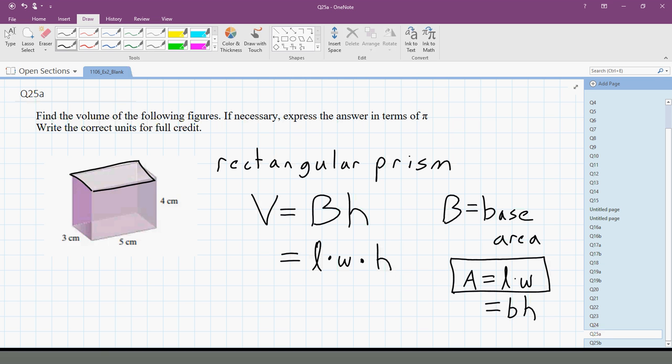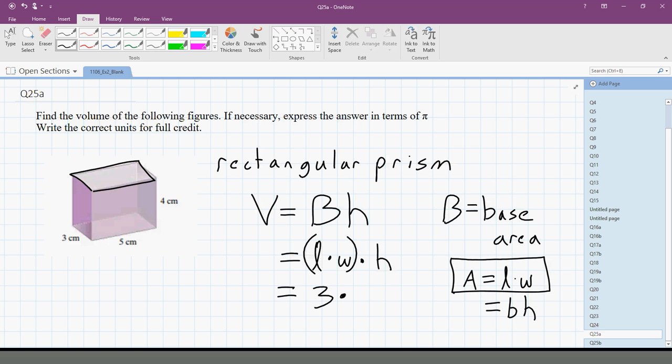We know how to find volume of a rectangular prism. It's always length times width times height. Because the length and the width right there represent the area of the base for us. So all you got to do is plug in your numbers. What's your length? That would usually be the height. 3. 3 will work.